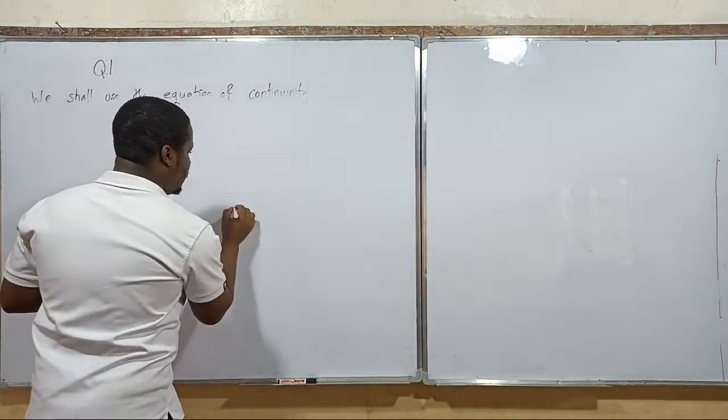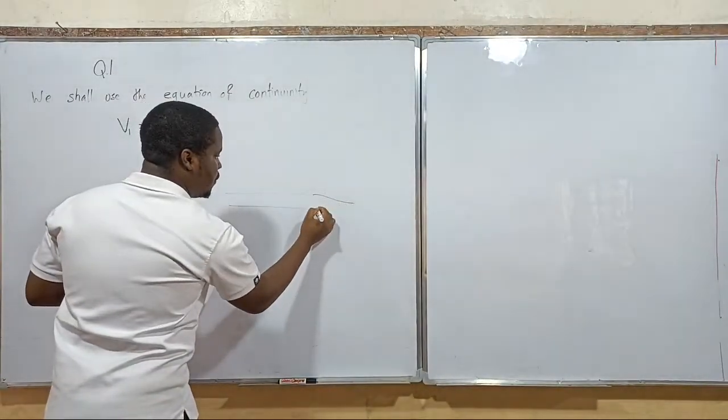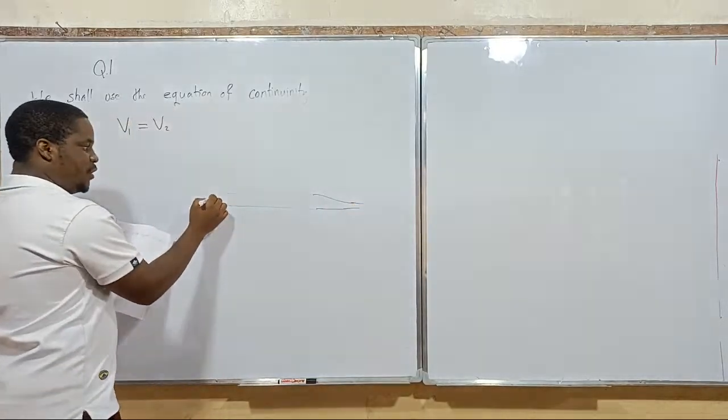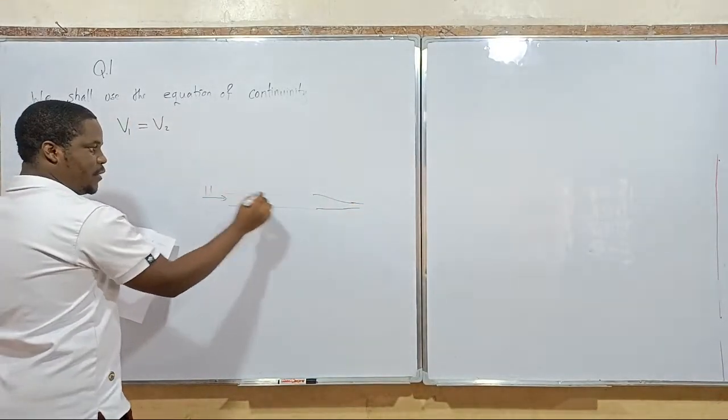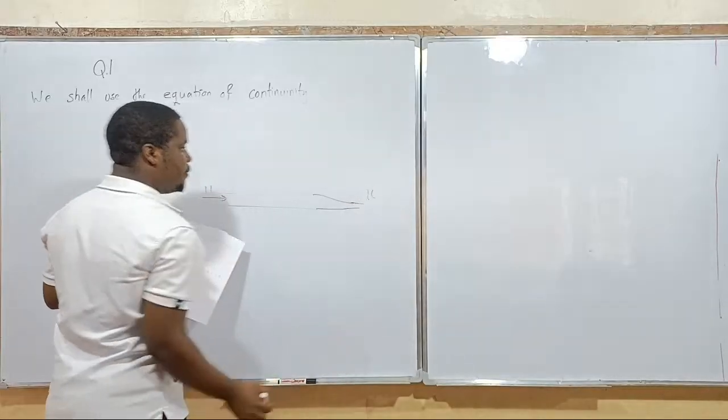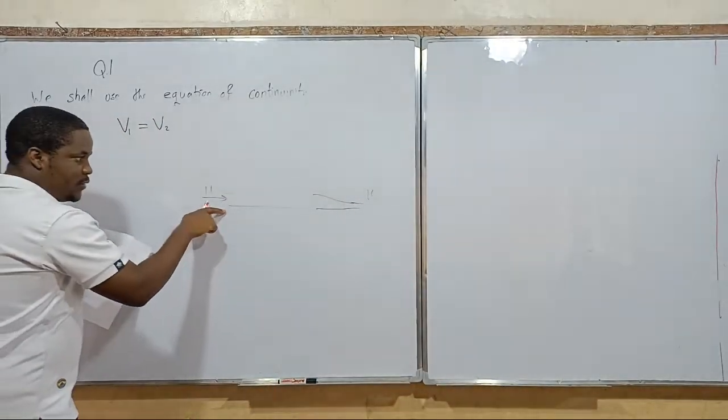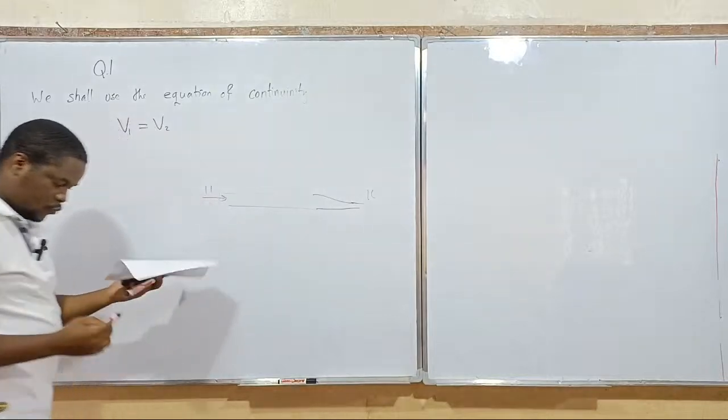If you have a hose pipe which looks like this, and on this side is very thin, if 1 liter goes in here, what will leave here is also 1 liter. And that's why we're saying the volume at 1 is equal to the volume at 2.